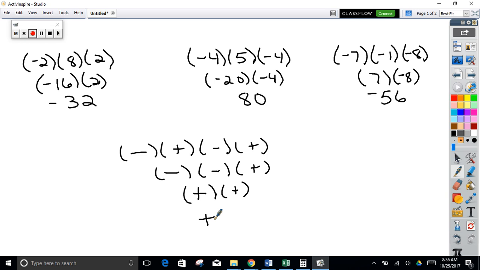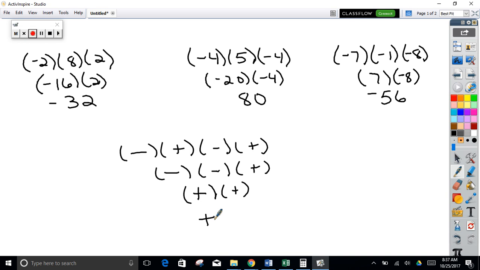Excellent. So if we have an even number of negatives, you're going to have a positive answer. If you have an odd number of negatives, you're going to have a negative answer. Because when we have an even number of negatives, the negatives all cancel each other out. Because anytime we multiply 2 negatives, we get a positive answer.